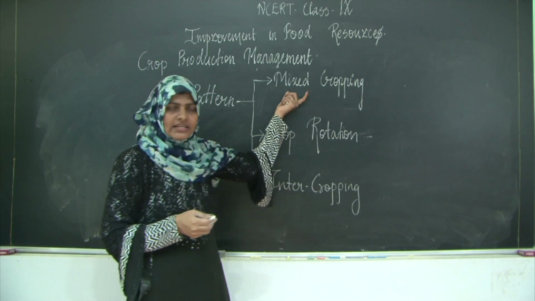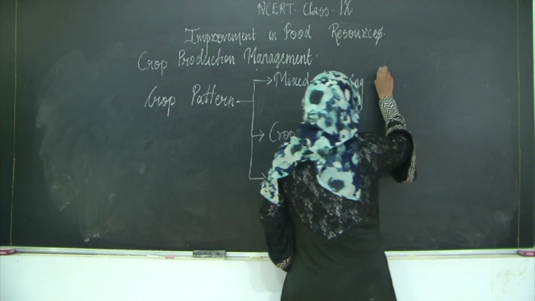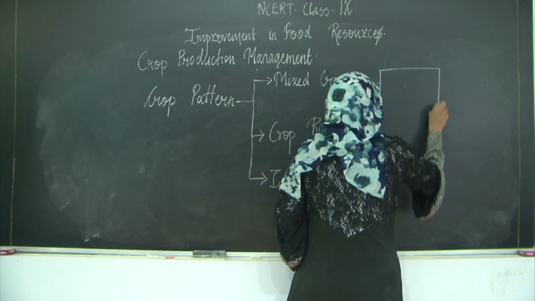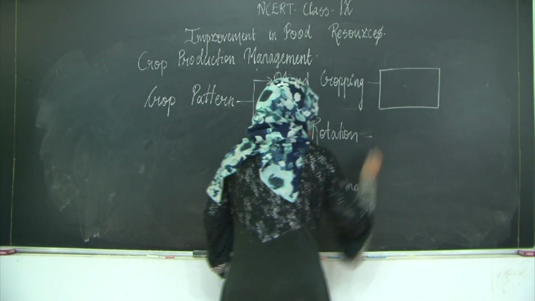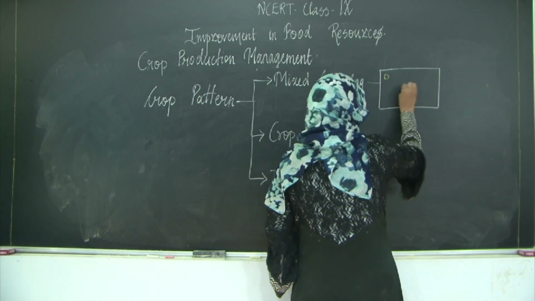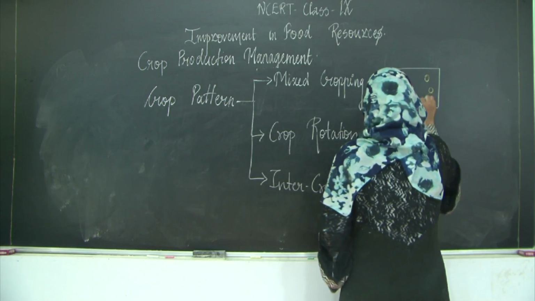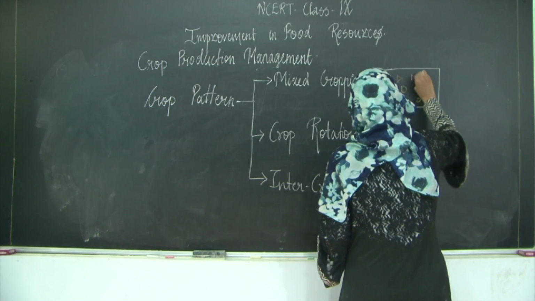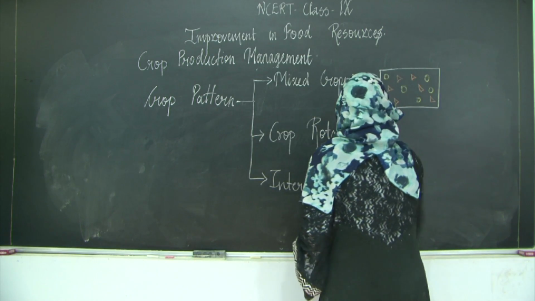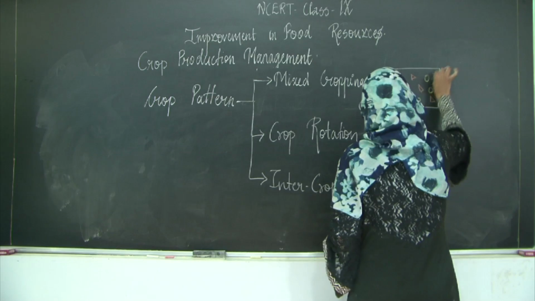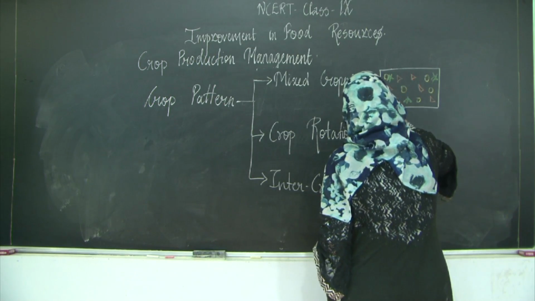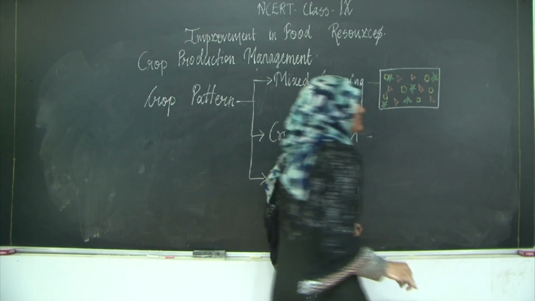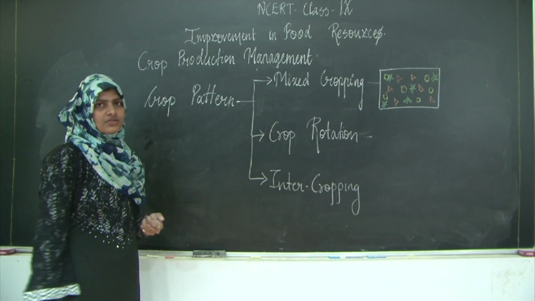To avoid that, the farmers do mixed cropping, where they grow different crops in the same land. Suppose this yellow color is one crop, this is the other crop, and these are the other crops. So mixed cropping is growing different crops in the same piece of land at the same time. So this is mixed cropping.